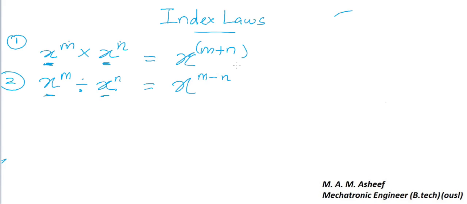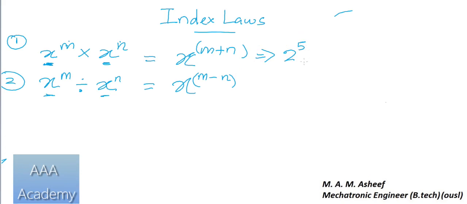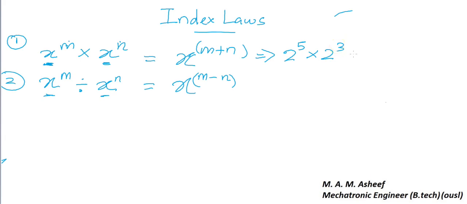So for example, if it is 2 to the power 5 into 2 to the power 3, then here these bases are same, so that base remains same and these two powers will get added, then that will be 2 to the power 8.